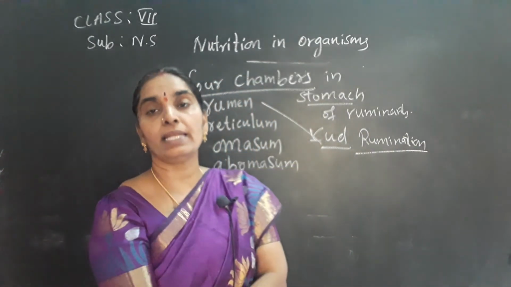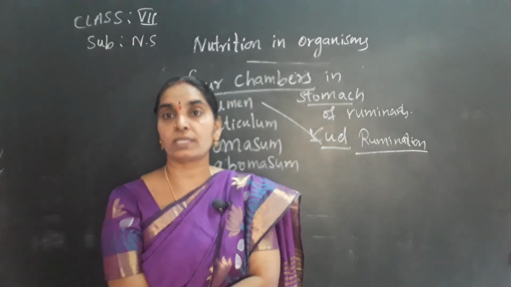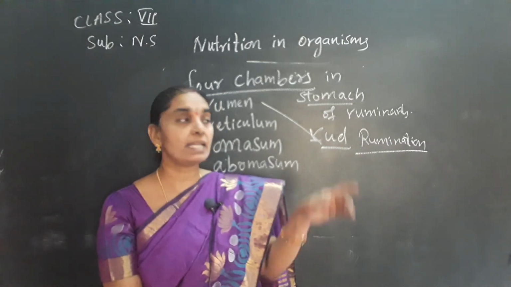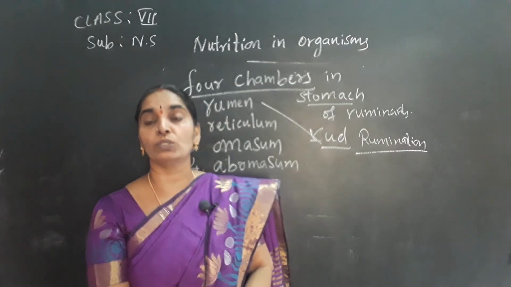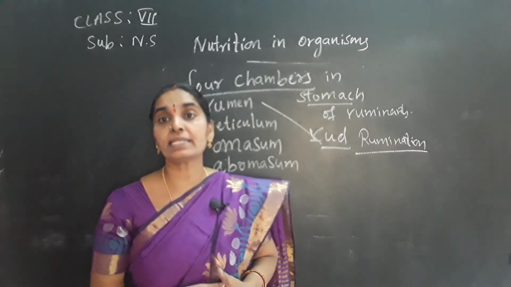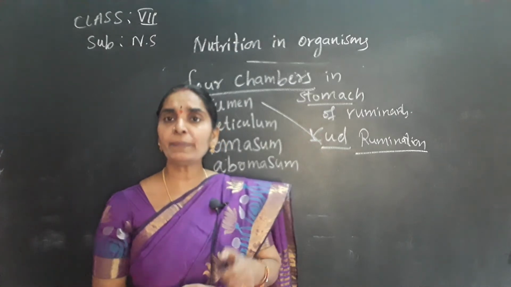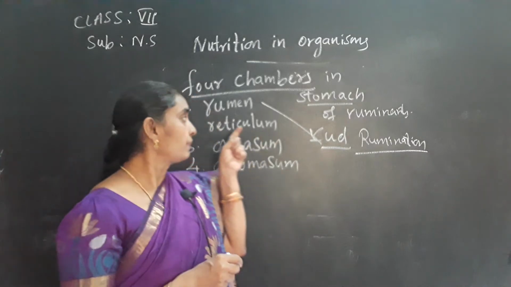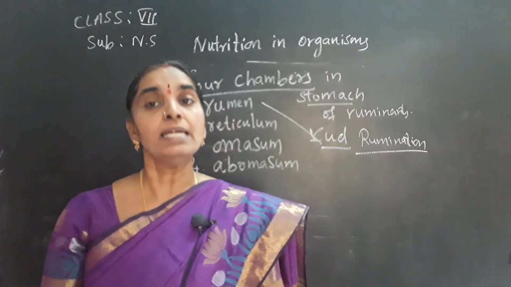In grass, there is a substance called cellulose, which we cannot digest as human beings. But these grass-eating animals like cow, buffalo, goat, sheep and all can digest the cellulose present in the grass, because a type of bacteria is present in the rumen of their stomach, which digests even the cellulose.